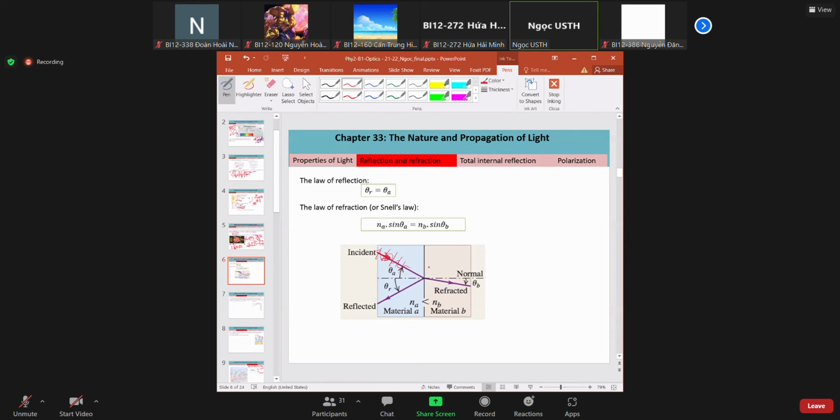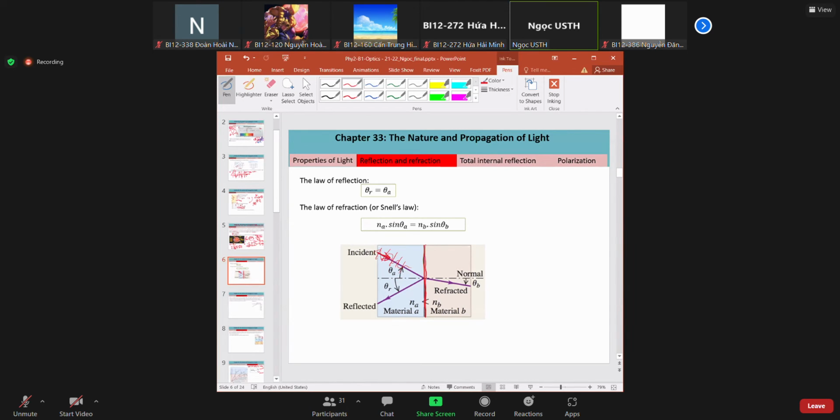Now, where is the interface? Here is the interface, between two mediums. From this part, we will learn what happens when the light meets an interface.